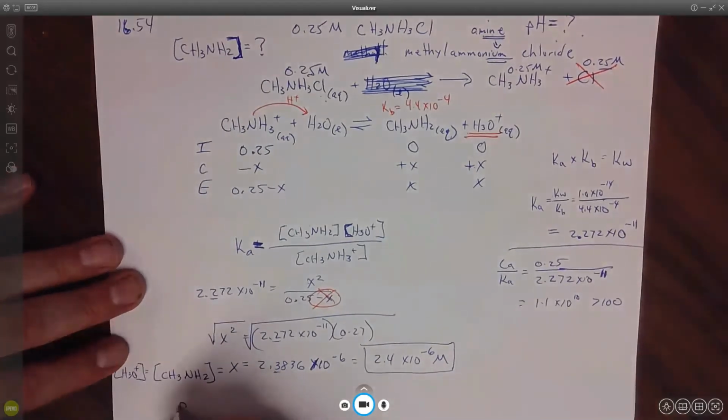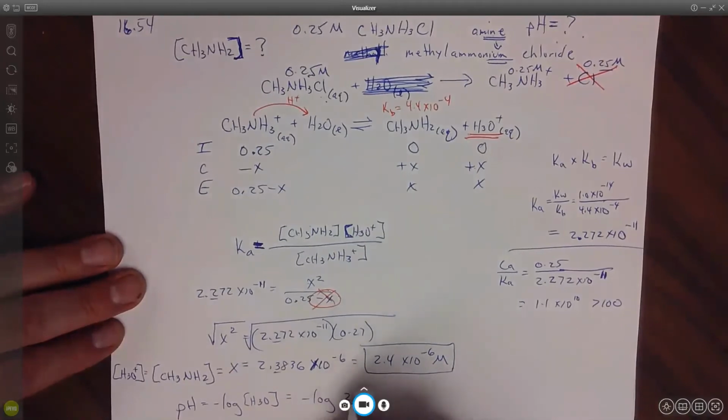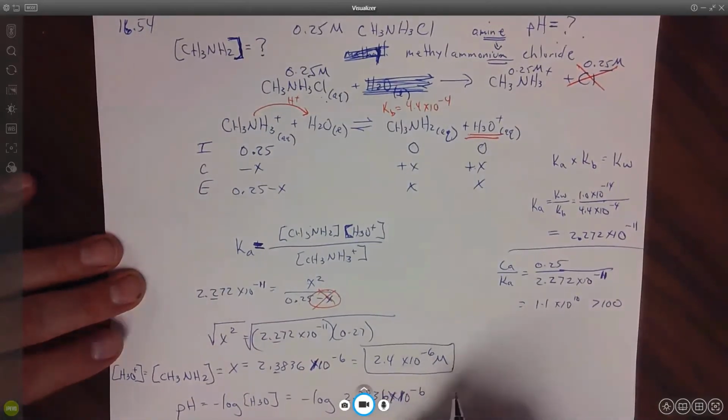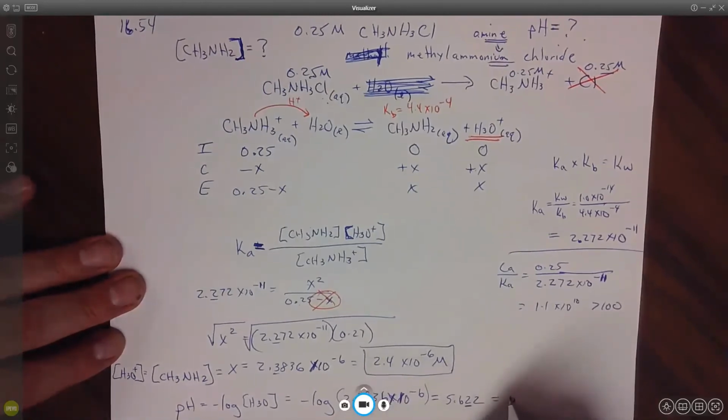Therefore, the pH is just the negative log of 2.3 times 10 to the negative 6, and that is going to give us a value of 5.622. This log value is to 2 sig figs, so it will be to 2 decimal places, so 5.62.